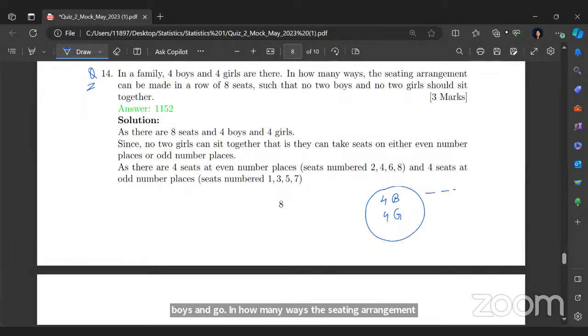So 1, 2, 3, 4, 5, 6, 7, 8, such that no 2 boys and no 2 girls should sit together. So it shouldn't be like that there is a boy, boy or girl, girl. This should not happen. So how can you do this?